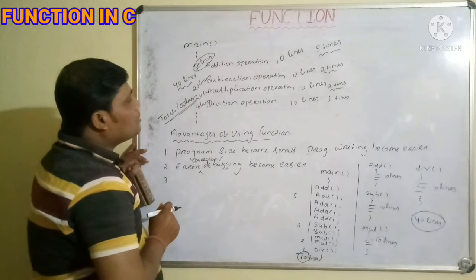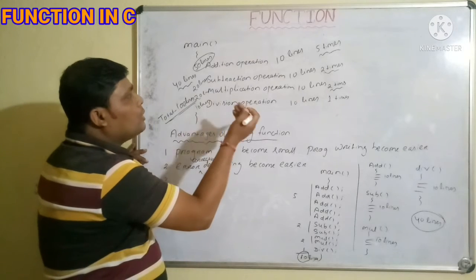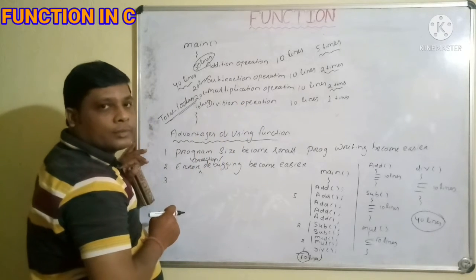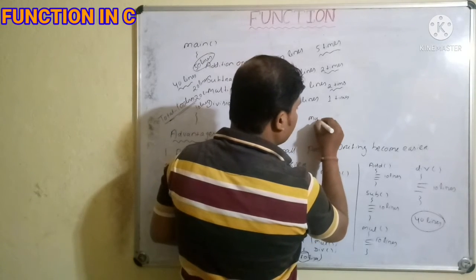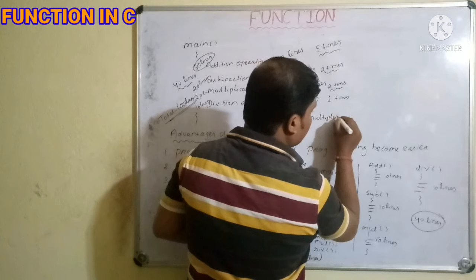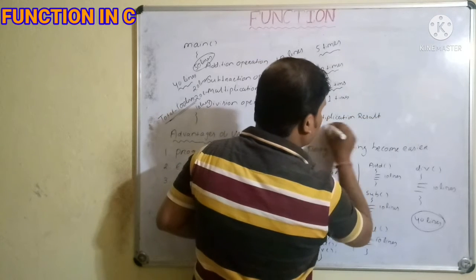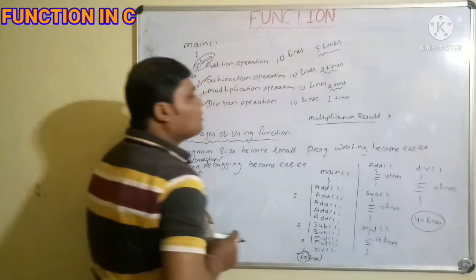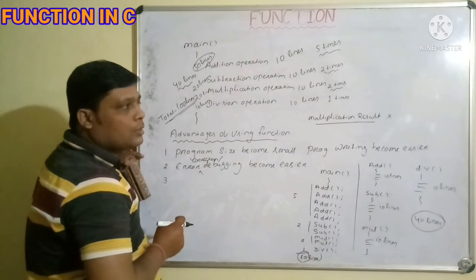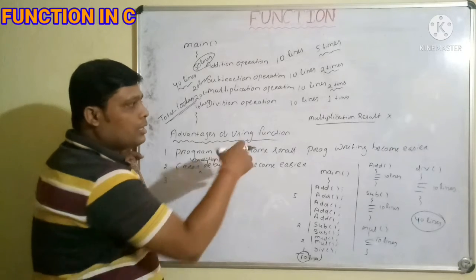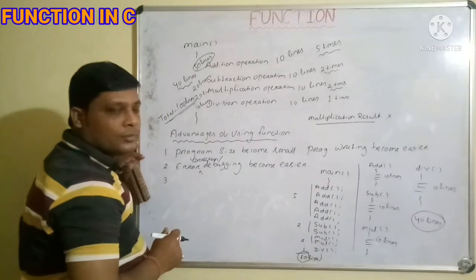Suppose some error occurred at the multiplication part. Suppose the multiplication result is not coming and it's showing some error. It's giving some wrong output in case of multiplication.